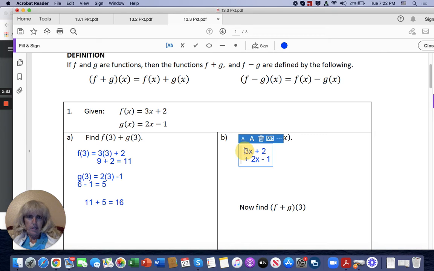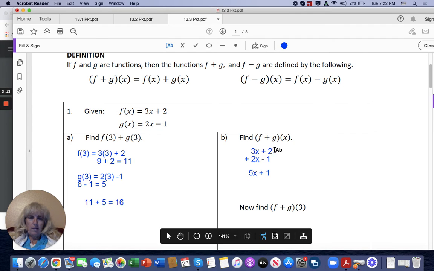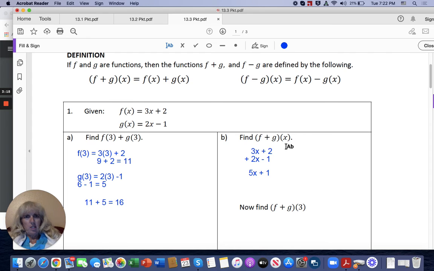And I'm going to go ahead and go back up here and line these up, okay? So then when I line them up, you can draw an imaginary line there. And we know down here that 3x plus 2x is 5x. And then 2 minus 1, I get 5x plus 1, okay? So that's what you get when you find f plus g of x.